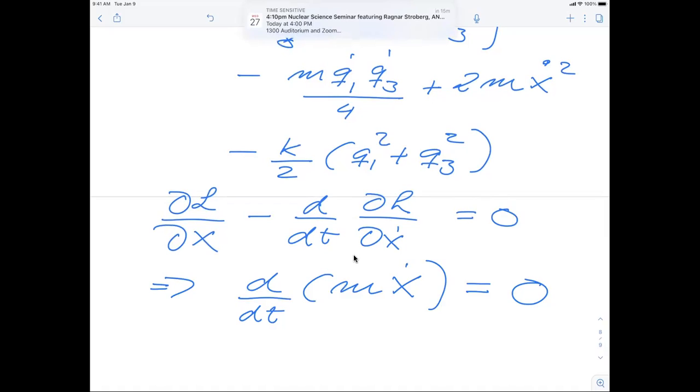We have the central mass position x, and the central mass velocity, which is x dot, multiplied with m. So what does this quantity inside the parentheses represent? m times x dot: linear momentum. And what are we stating here?